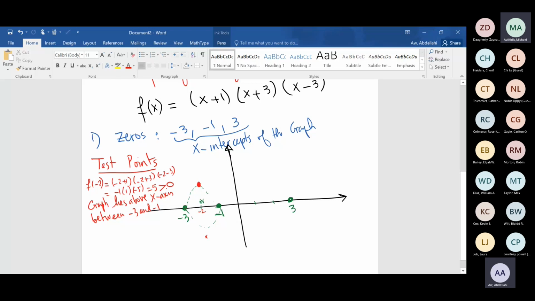Okay. Now, what is something I don't know? Can somebody tell me? I know the graph lies above the x-axis, I know that. I know the graph will be like this, you see? This is an x-intercept, the graph will be like this. What is something I don't know? The vertex. The vertex, okay. The vertex is reserved for quadratics, for parabolas. We're going to say the maximum, you see? It's like the vertex. We don't know how far we go above.